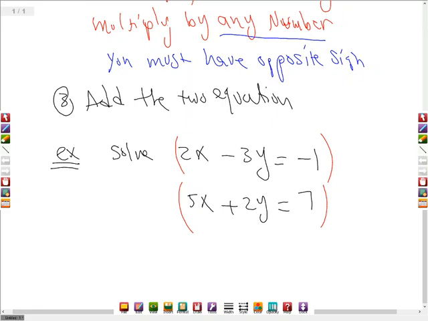You can choose x or y, but for me, eliminating y is easier because the coefficient of y on top is -3 and the coefficient of y on the bottom is 2. I have to make them the same. If you multiply the top by 2, you'll get -6 for y. If you multiply the bottom by 3, you will get 6 for y. Then after I multiply them, if I add them, y will be eliminated.